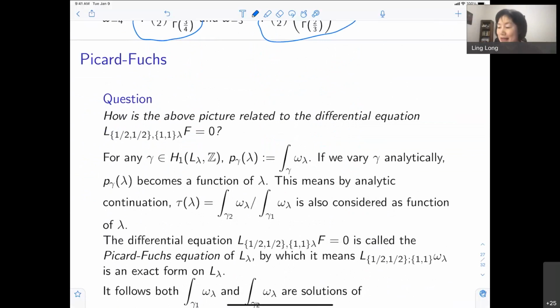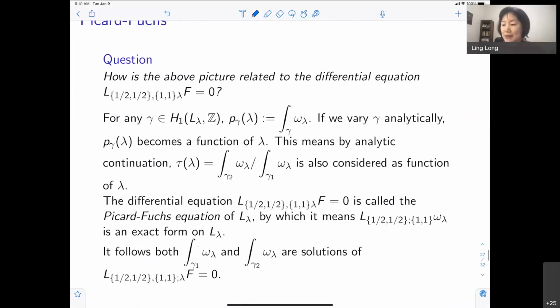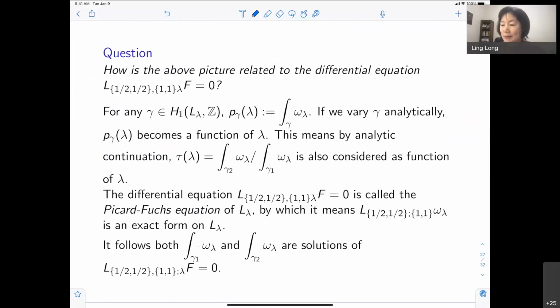Essentially, for our setting, what we're going to see is how we're going to tie everything back to the parameter set, which is alpha to be 1/2, 1/2, beta to be 1, 1 for our case over here. So essentially, we're going to vary the lambda. So this is a differential 1-form. So we can let lambda vary.